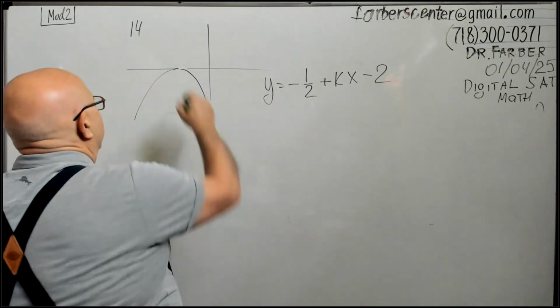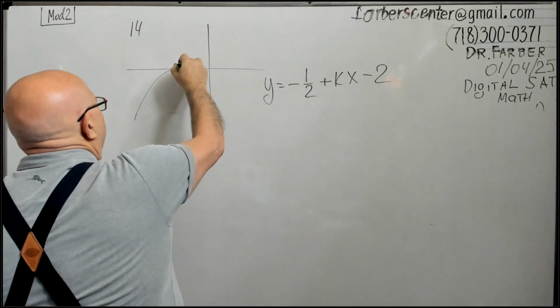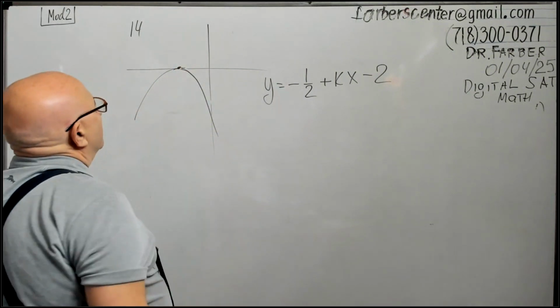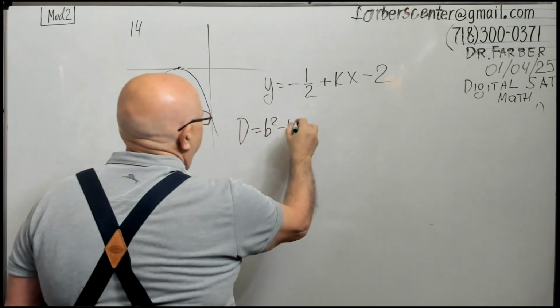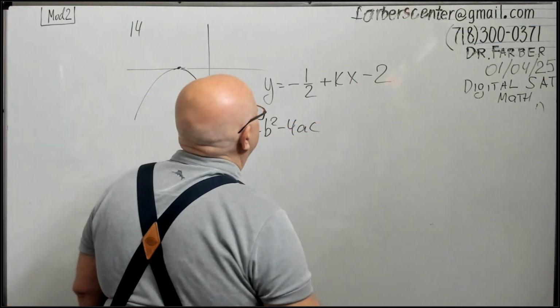So you see they have one common point here, this graph. One solution when our discriminant, which is b squared minus 4ac, remember this everybody, right?